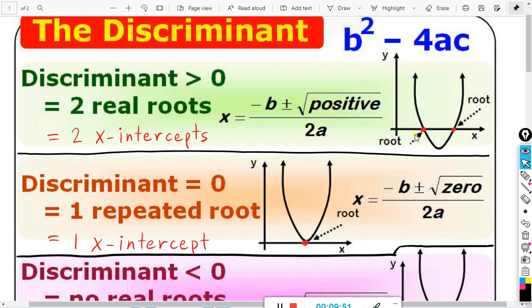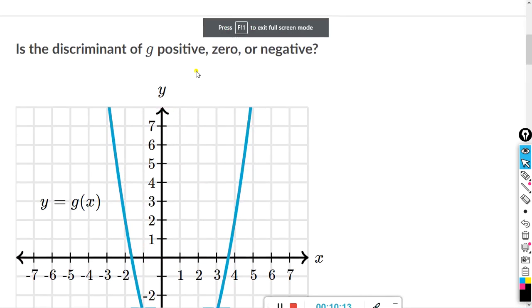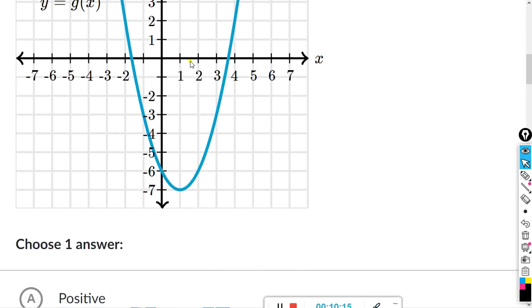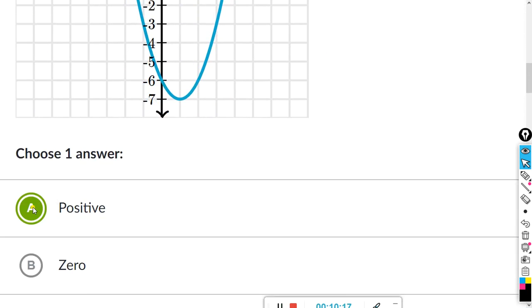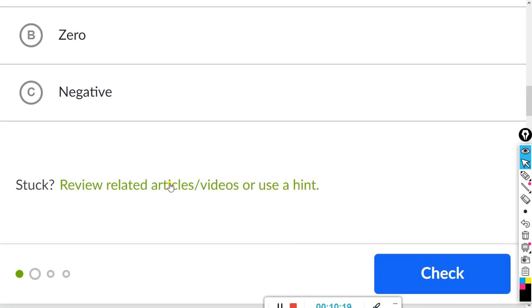We said if it has two real solutions, then the discriminant is positive, greater than 0. So this looks almost just like the parabola they gave us. It's definitely positive, so just choose that answer, and that's it.